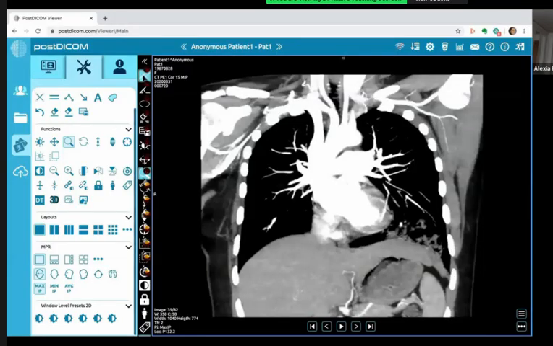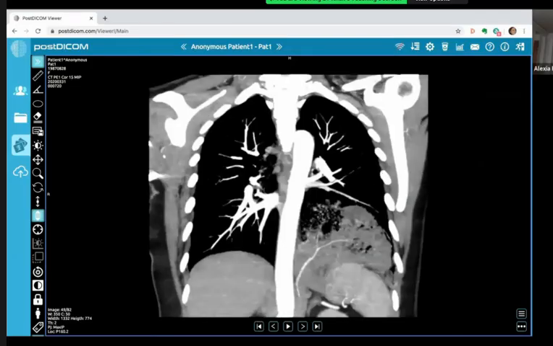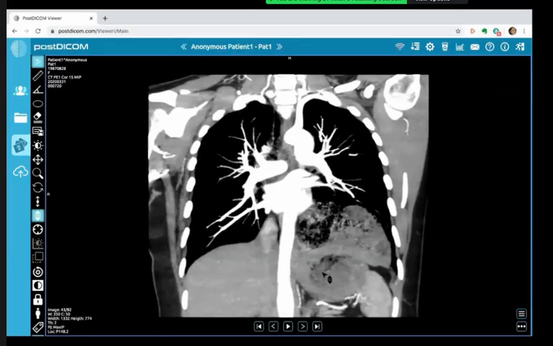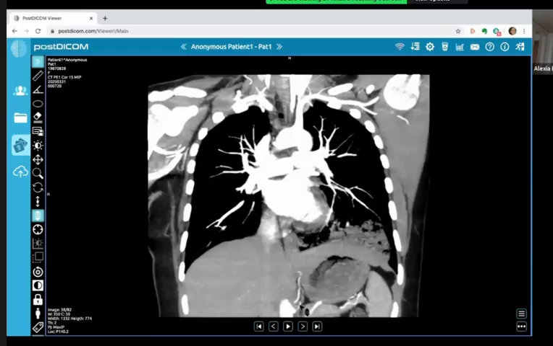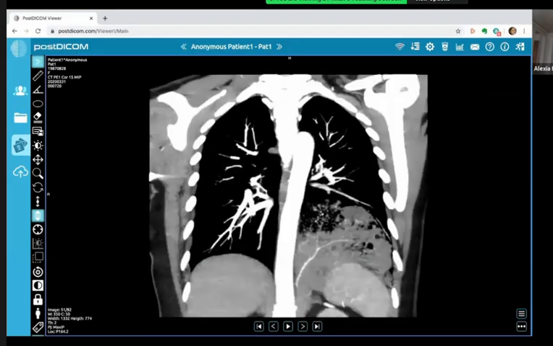The more common one, isn't it? Yeah. Okay, great. Look at that. Oh, that's beautiful, yeah. So it's arising from celiac trunk there, and supplying this area of lung.